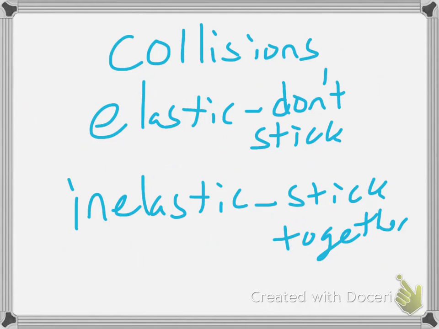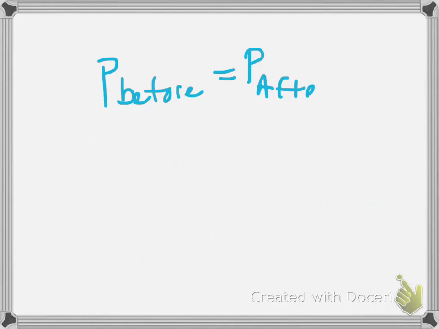Now, this is going to give us different ways to do the equation for conservation of momentum. The basics of conservation of momentum is that the momentum before equals the momentum after. So let's say we have two carts held together by a spring.